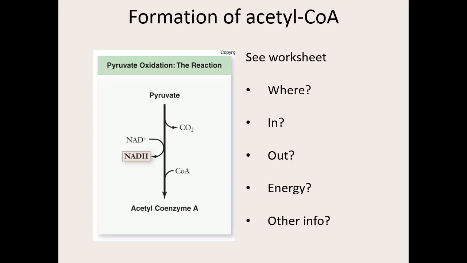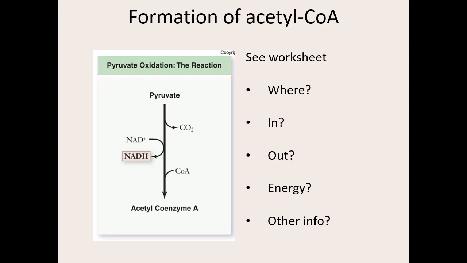So I'm going to take this 3-carbon molecule, get rid of one carbon, we'll put 2 over here, and turn it into a 2-carbon molecule called acetyl coenzyme A, or just acetyl-CoA. First step of cellular respiration, once we've got that glycolysis down. Pyruvate, pyruvic acid, turned into acetyl coenzyme A.